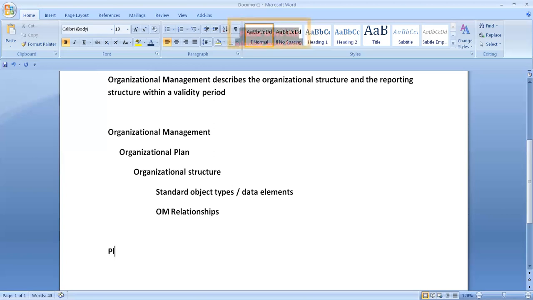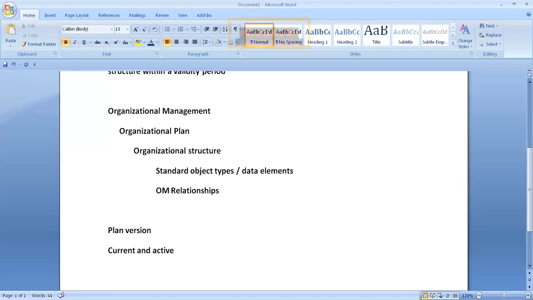So you have plan version. We are maintaining the plan version based on the company structure. The plan version can be current and active. There can be more than one plan version.